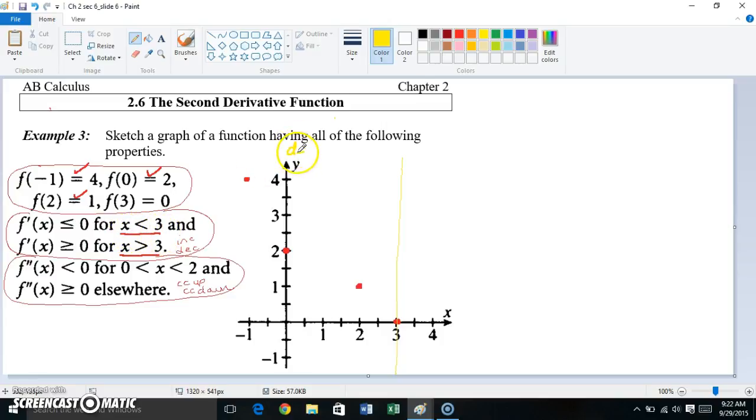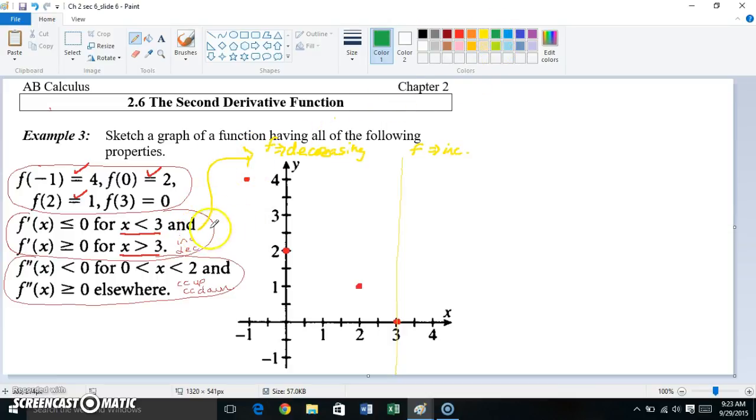So decreasing, all in here. F is decreasing. Here, F is increasing. Okay, so we've got that going on. So I know I have to go from this point down to this point, down to this point, down to this point, but then after that I have to come up.